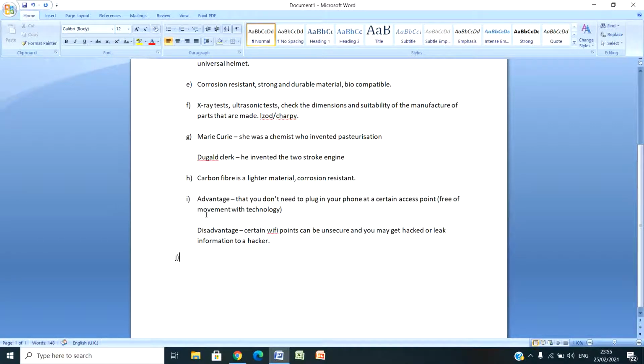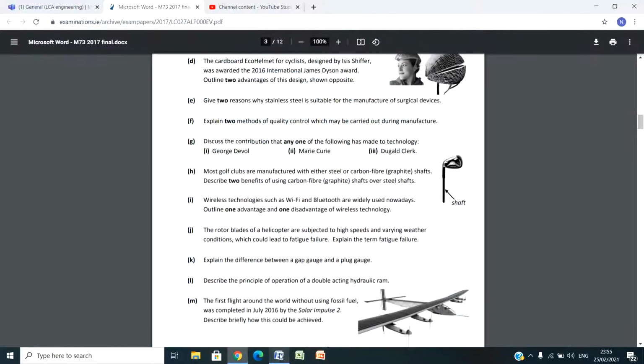So J, and we're getting there, guys, and we've answered all of them so far. J, the rotor blades of a helicopter are subject to high speeds and variable weather conditions, which could lead to fatigue failure. Explain what fatigue failure is.